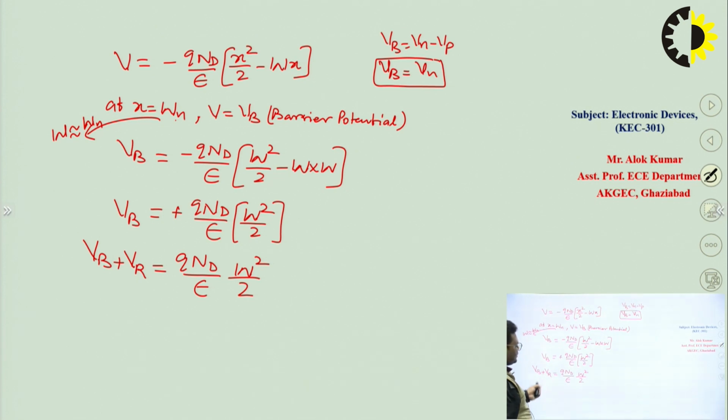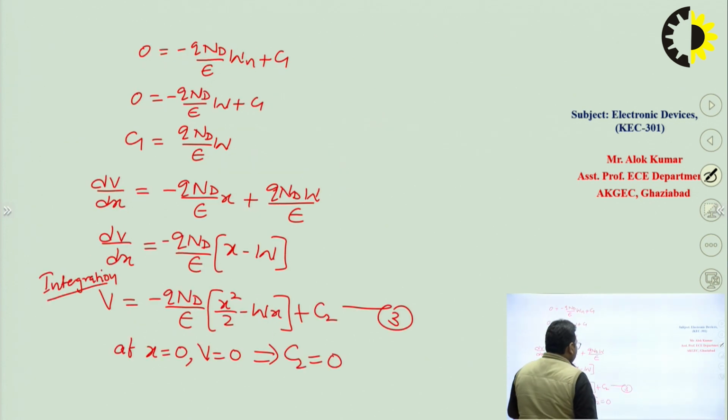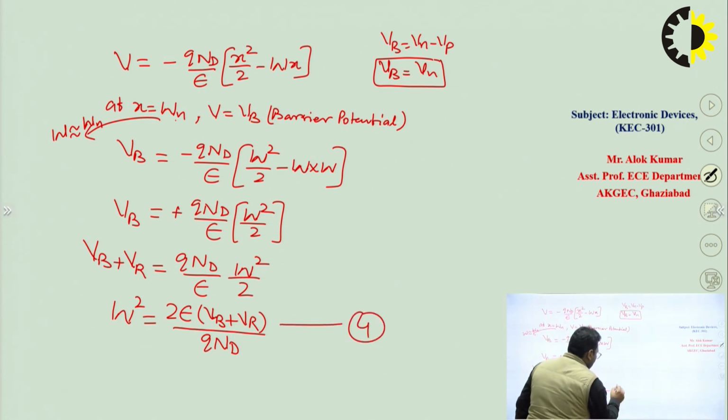From this equation I can find the value of W square. So W square will be 2 epsilon into VB plus VR divided by q into Nd, right? This is your equation number 4.